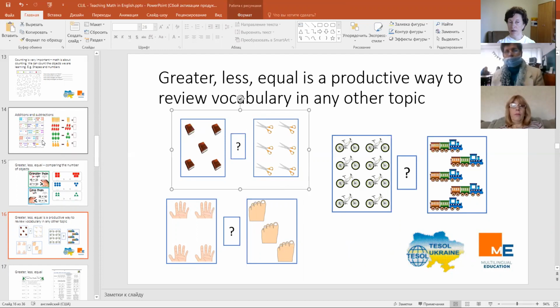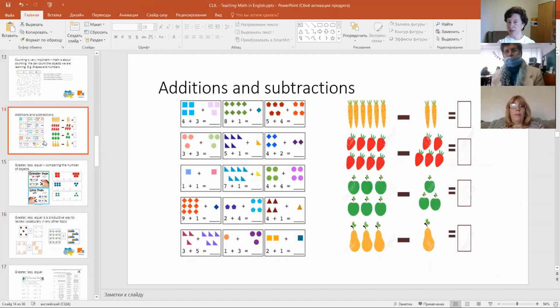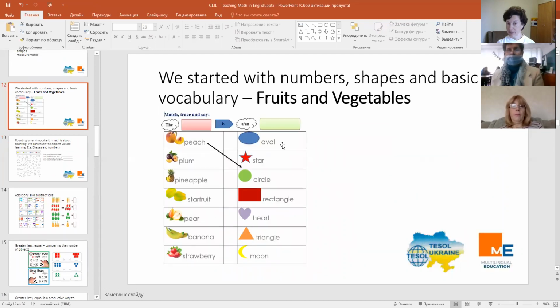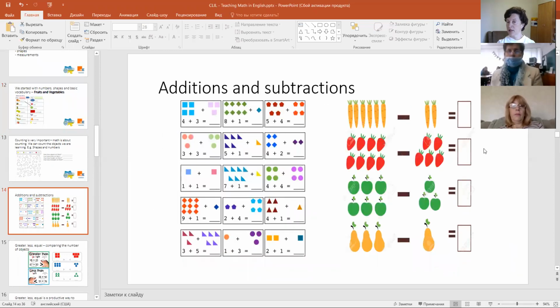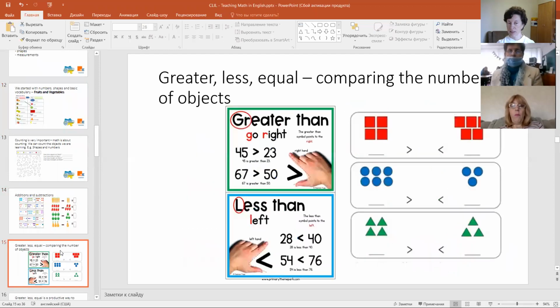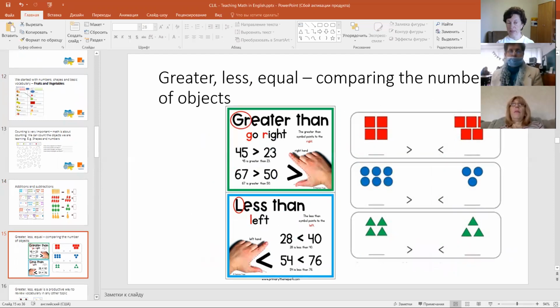So we see that we started with shapes, yeah. Then we compared shapes to the vocabulary we know. Then we added counting. With counting, we could do simple math operations. Then we used comparisons, and they were able to do comparisons.